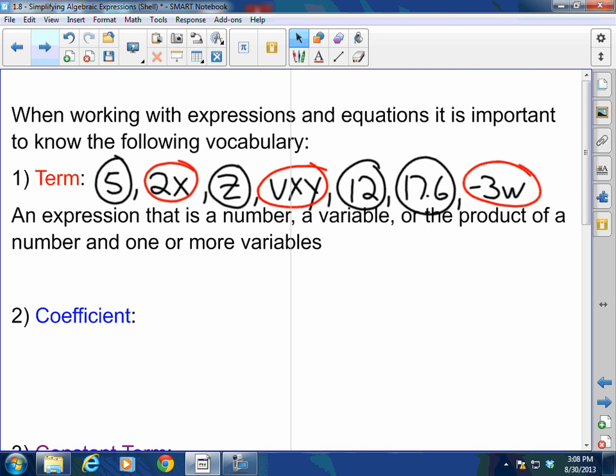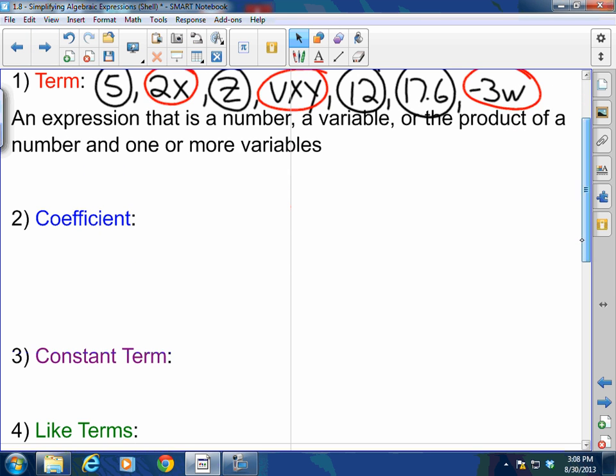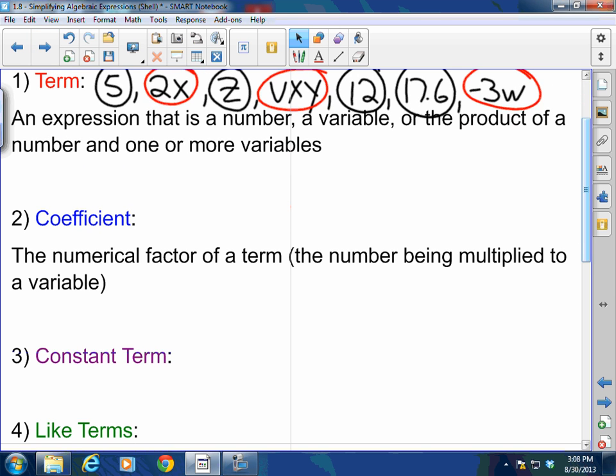Now, for each term, there is usually going to be something called a coefficient. A coefficient is the numerical factor of a term being multiplied to a variable. So for example, if I just have the variable x, the number being multiplied in front of that x is a 1. So that is my coefficient.